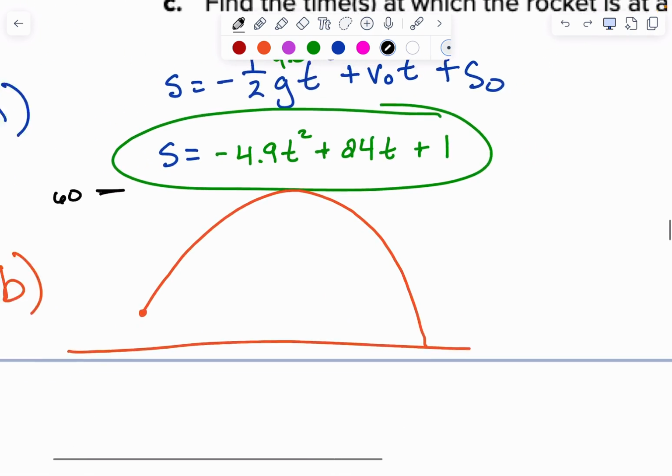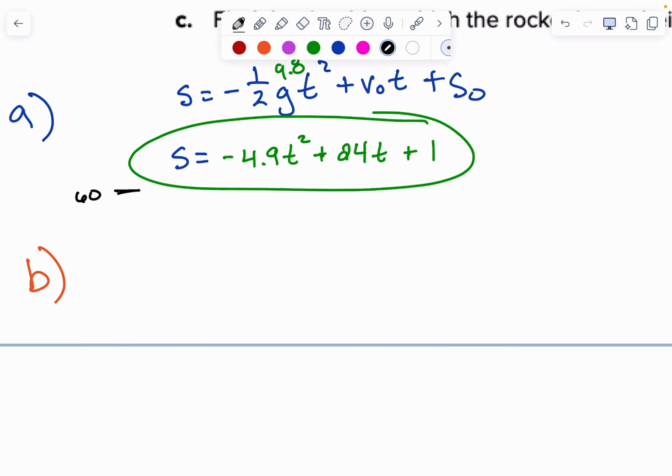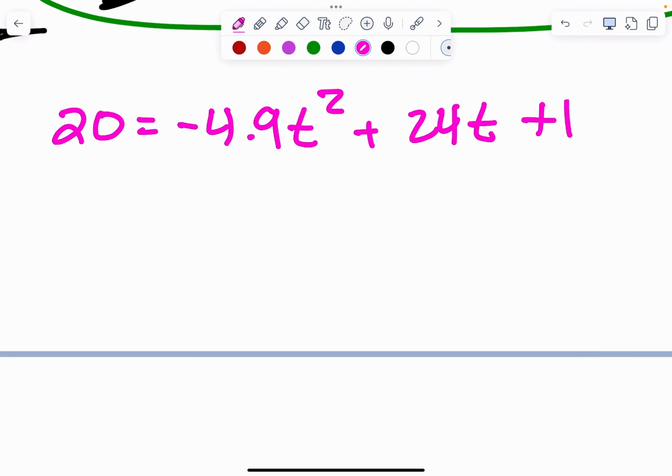Okay. So where are we plugging 20 into? The y coordinate s, right? This guy is 20. So 20 is equal to negative 4.9 t squared plus 24t plus 1. How do we solve this thing? Very carefully. Move the 20 over.